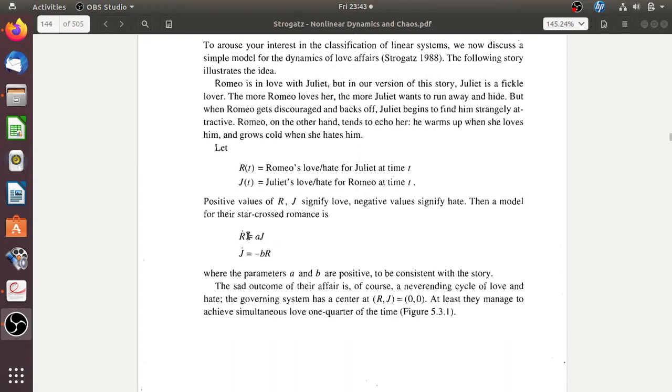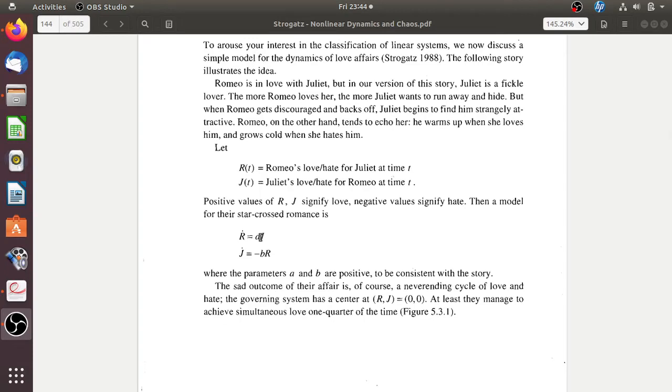R dot, the rate of change of Romeo's love for Juliet, is going to be proportional to Juliet's love. That's what the story revealed. So R dot is proportional to J with a model parameter A, which is a positive parameter.